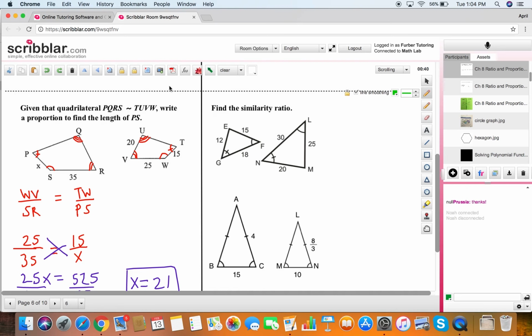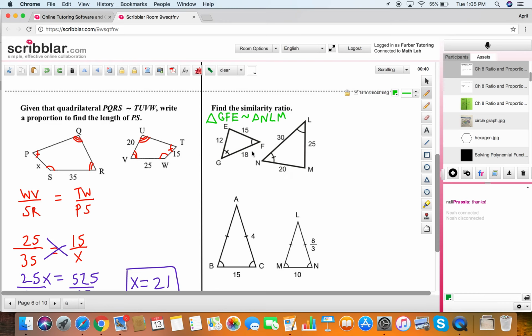So I'll say triangle GFE is similar to, and then if I want to find the angle that corresponds to G, I'm just looking for the one with the curve and the slash. So that's N. And then the one that corresponds to F is the one with the single curve, so that's L. And the one with nothing corresponds to E, so that's M. That just helps me a little bit as I get ready to set this up.